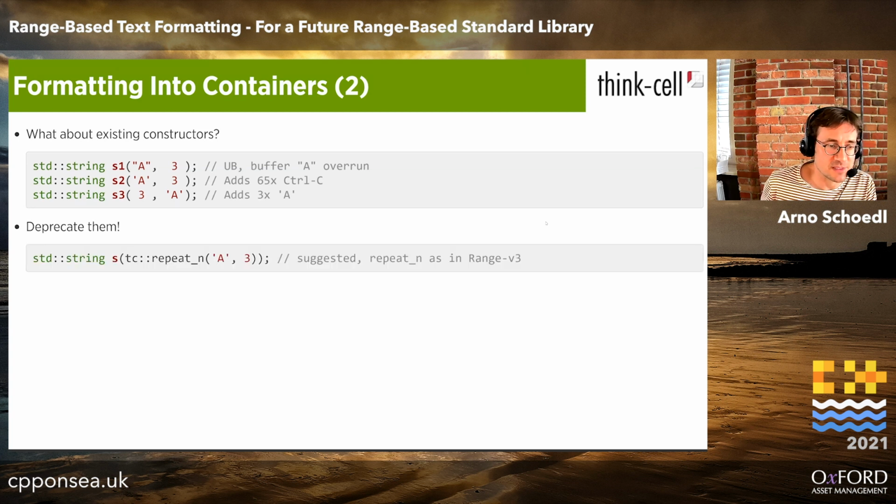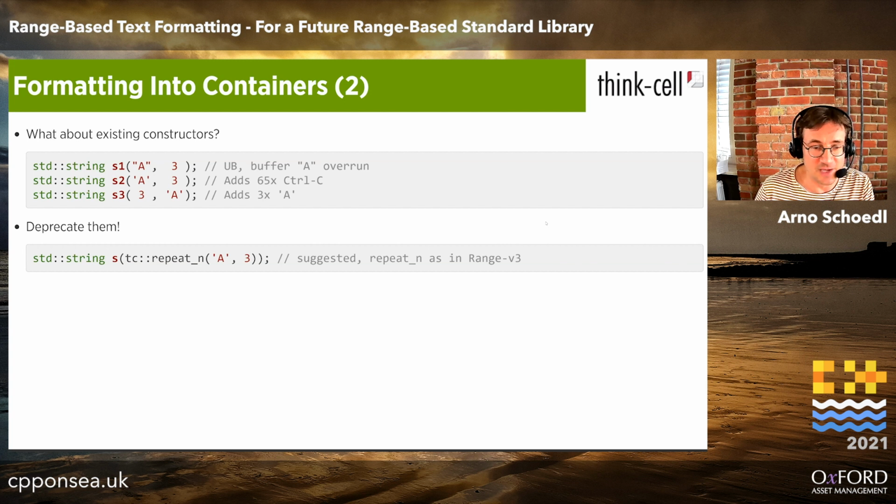So my argument would be, we don't need these constructors. They are just more confusing than it's worth. And they're easily encapsulated by something that is much more telling. You could say, well, can't we create a range, and we have a range function like repeat n that takes a single element and then the number of times that element is repeated.